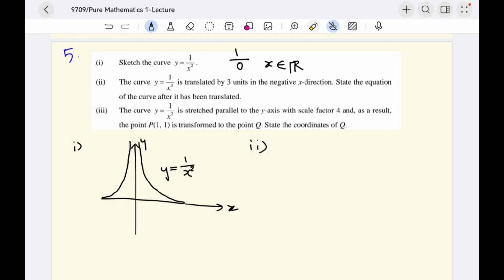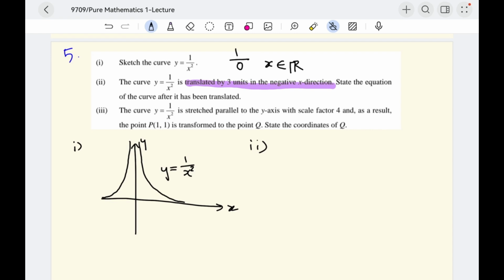The curve y equals 1 over x squared is translated by 3 units in the negative x direction. State the equation of the curve after it has been translated. Please highlight translated by 3 units in the negative x direction.